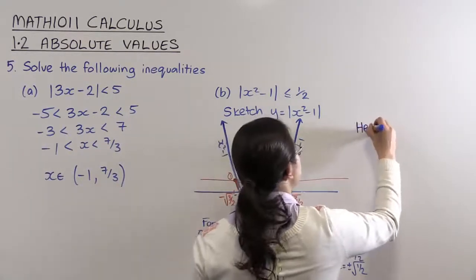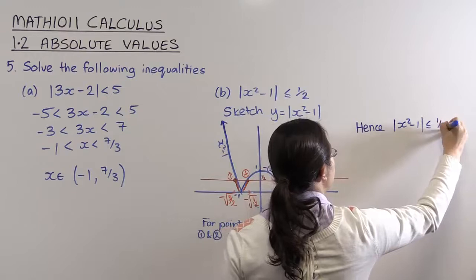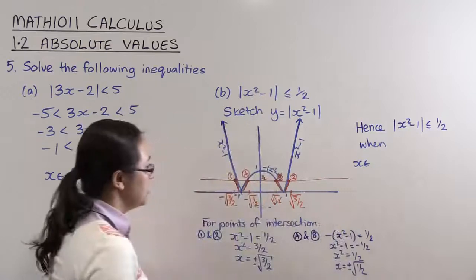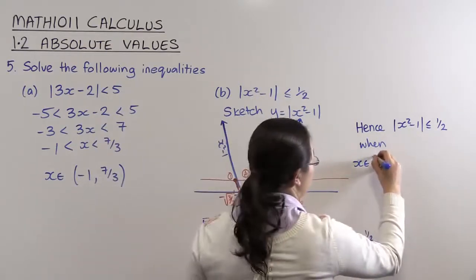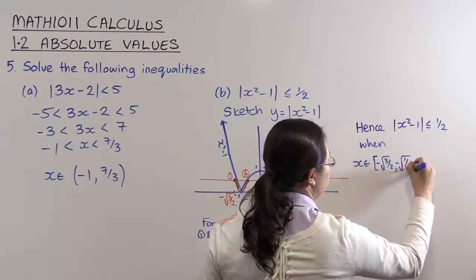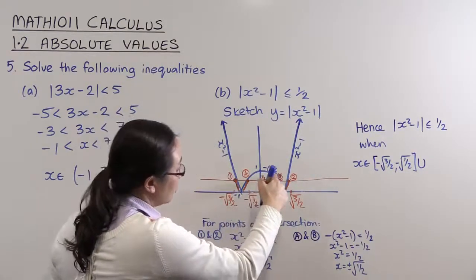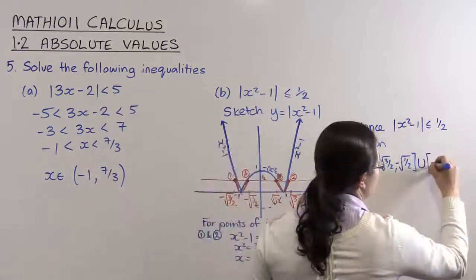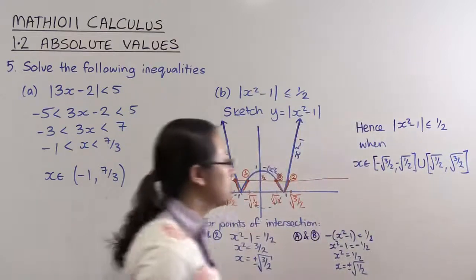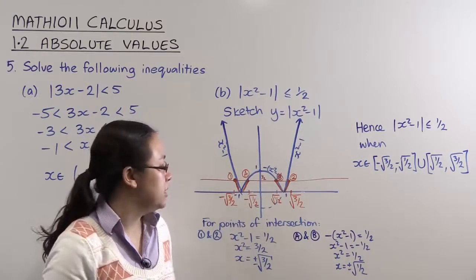So hence, the absolute value of x squared minus 1 is less than or equal to a half when x is in this interval from minus square root of 3 on 2 to minus the square root of a half, including both of those, so that's why I've got square brackets, or in this interval here, from the square root of a half to the square root of 3 on 2. Square brackets again, because it's less than or equal to, they can be equal to those values on the end.